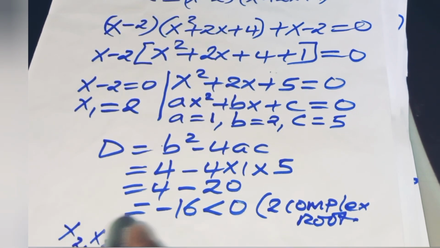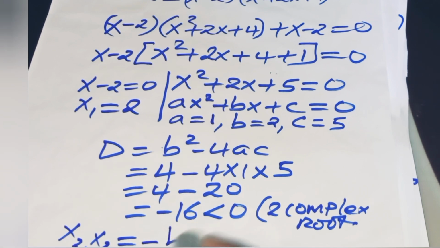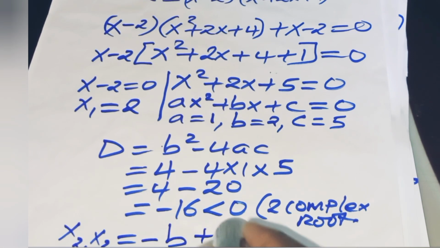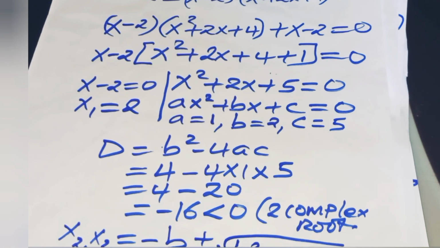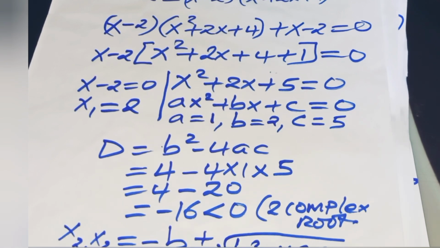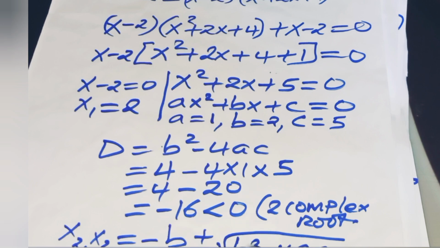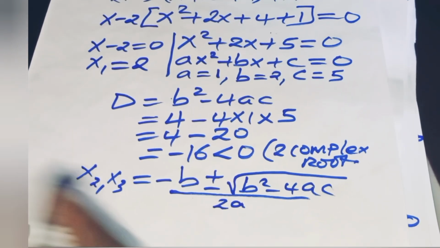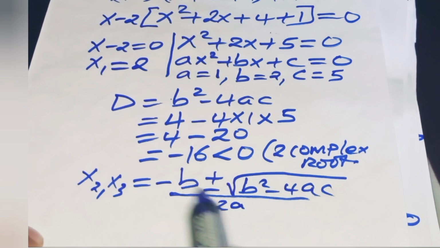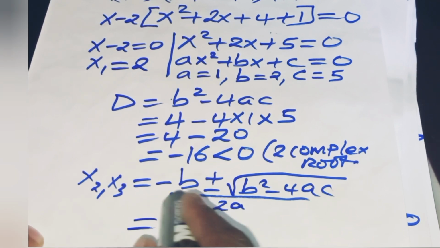We can solve by applying the quadratic formula, which is minus b plus or minus the square root of b squared minus 4ac, all divided by 2a. So let's substitute the values of a, b and c from our quadratic equation.